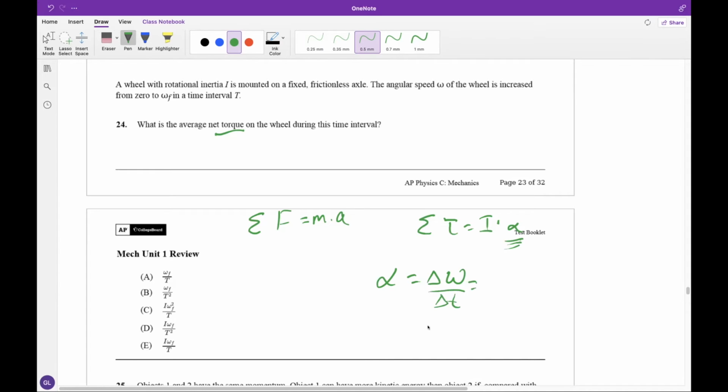And we kind of did this, but with numbers in the previous problem for the linear velocity. And so this becomes, well, the final angular velocity is omega f minus 0 over a time interval of capital T. So now we just got to plug it all together. I times omega f over t. There we go, E. Very nice.